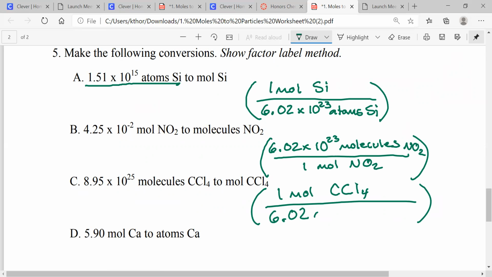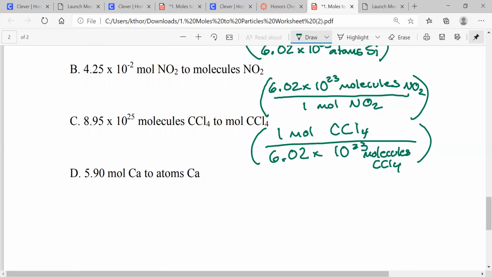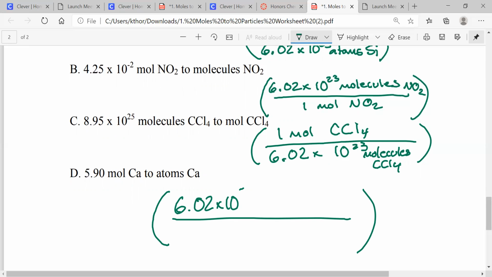Good. That is correct. And last one, Kayla, for 5D, tell me what you put on the top and bottom of your conversion table. I put the 6.02 times 10 on top, and 1 mole on bottom. Correct. I just want to be sure you guys are setting it up properly. The setup is more important than the math.